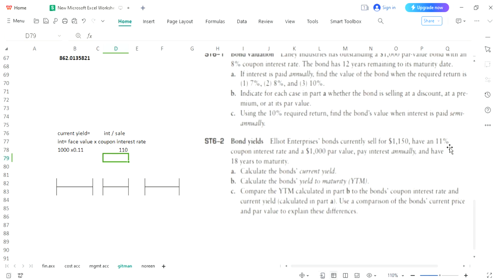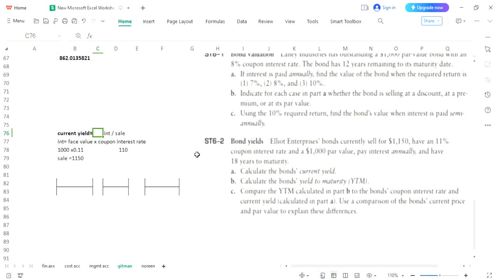So this way your interest is calculated. Come over here. We were calculating current yield. Its formula is interest divided by sales. Interest we have calculated and the sale price is given in the question. And let me know how much was the sale price. Come again over here. 1150 was the sale price, so you can write 1150 over here.